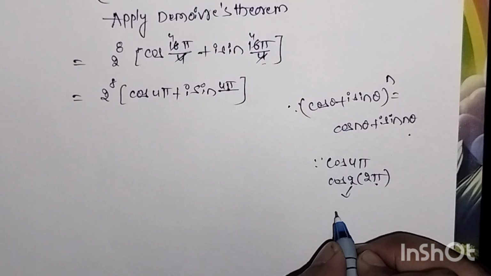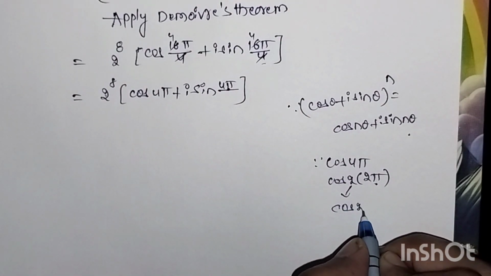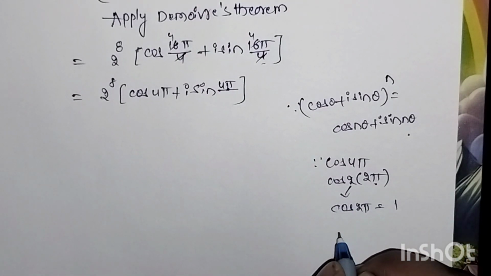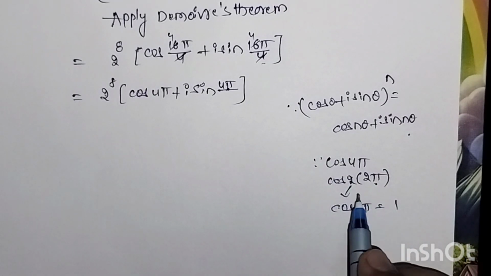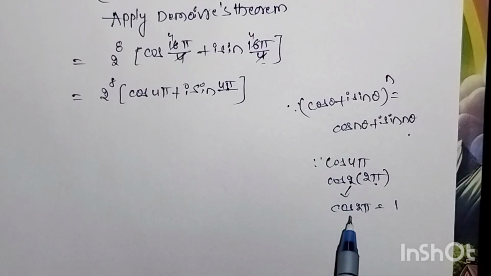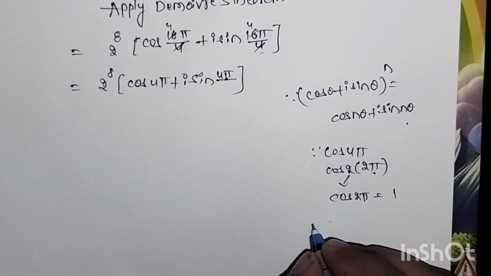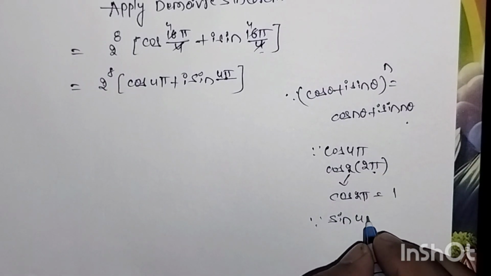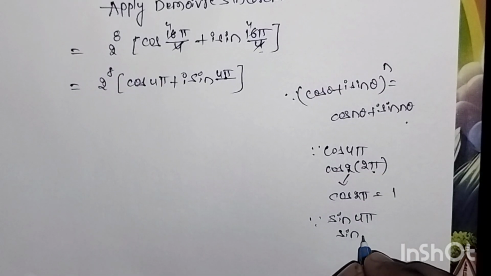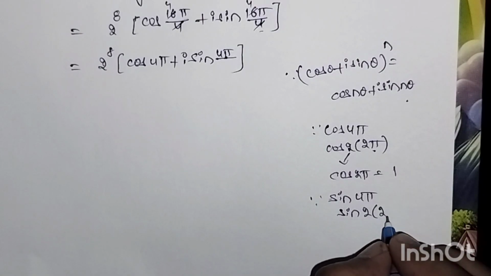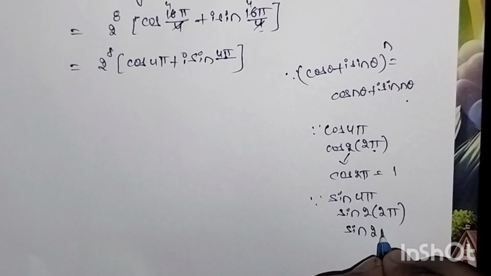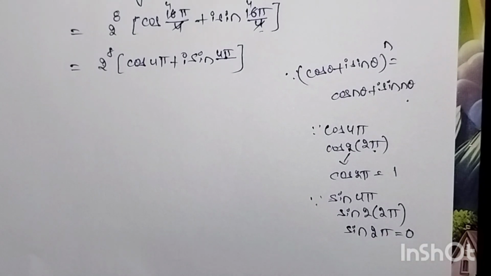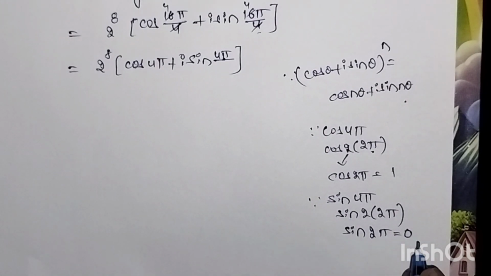So I am writing here cos 2 pi equals 1. The multiple here need not be considered. Cos 2 pi is 1. Again sin 4 pi we can write as sin 2 into 2 pi. Sin 2 pi equals what? 0. As we said in the earlier problem, sin 2 pi equals 0.